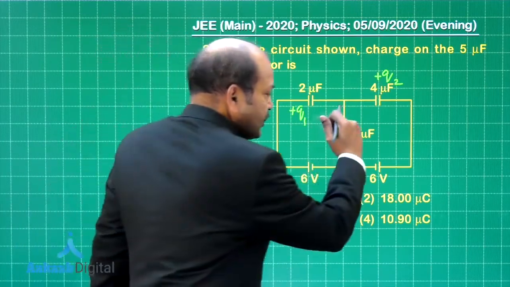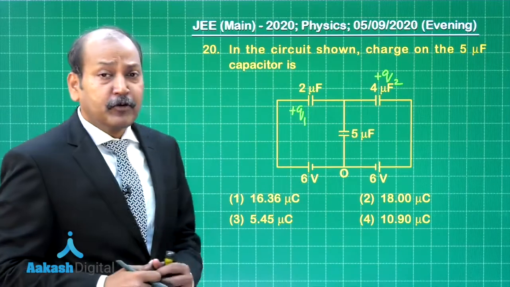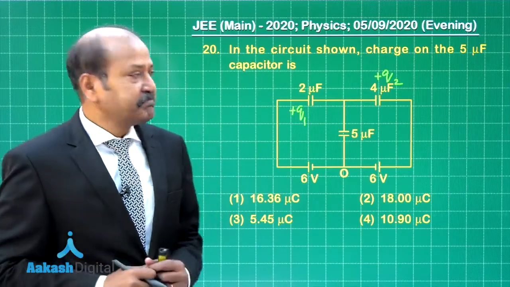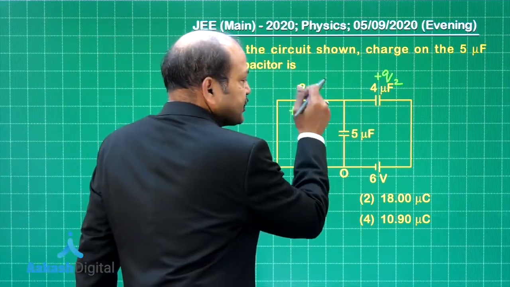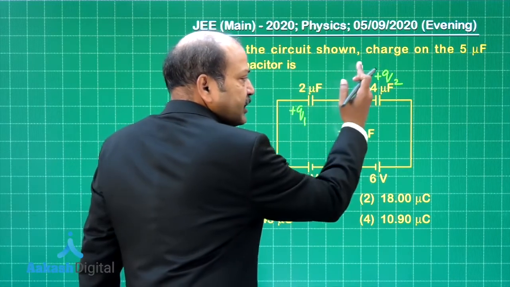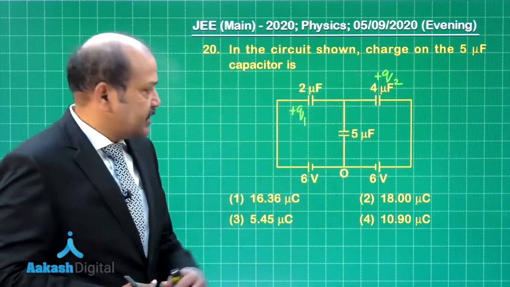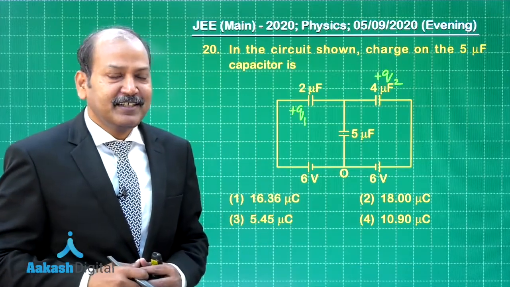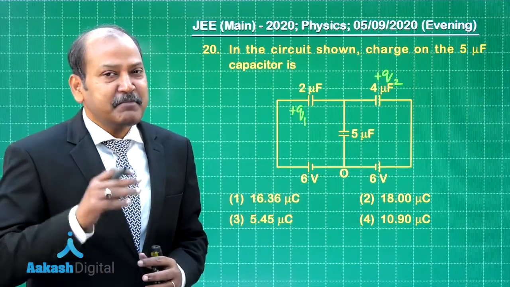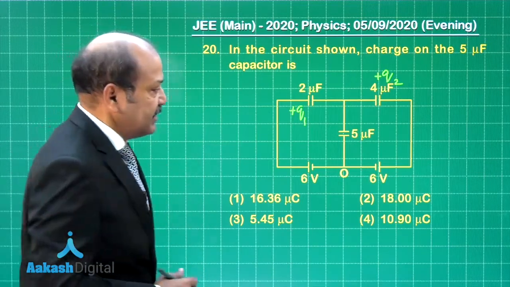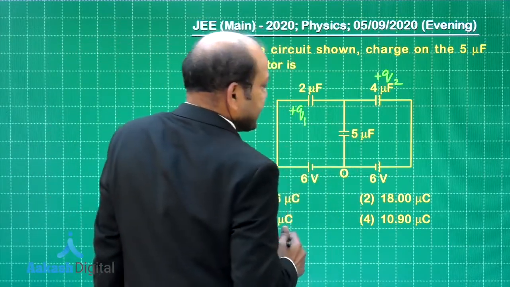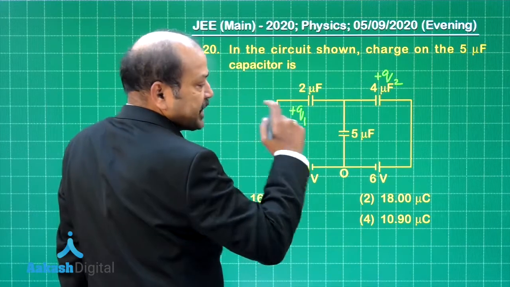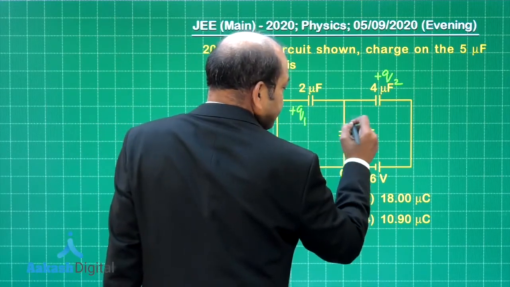What is the charge on the upper plate of the 5 microfarad capacitor then? Because the sum of charges on the right plate of the 2 microfarad, the left plate of the 4 microfarad and the upper plate of the 5 microfarad capacitor must be 0, the charge here can be taken as Q1 plus Q2, with the positive sign.